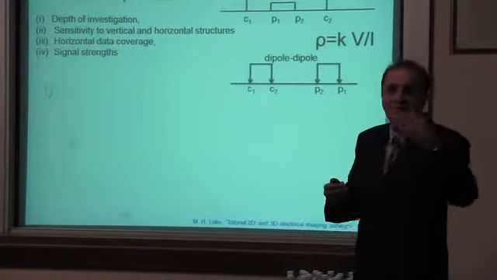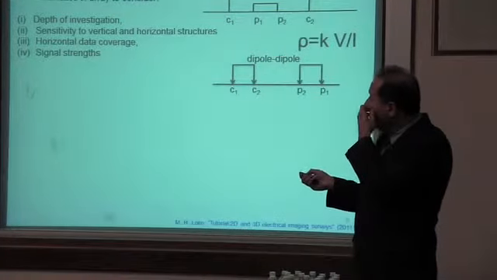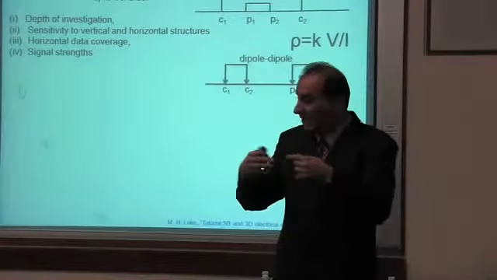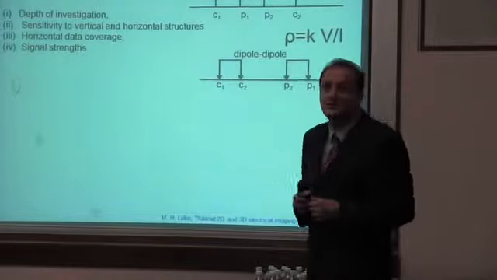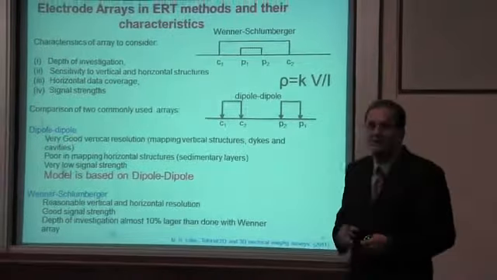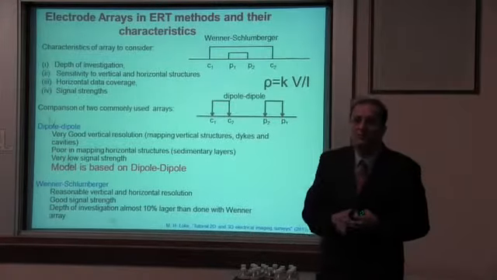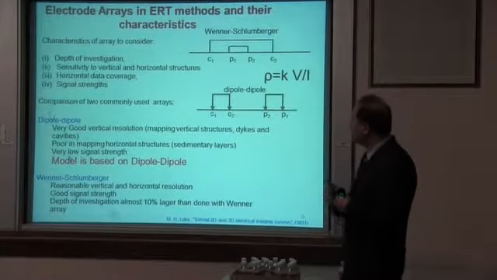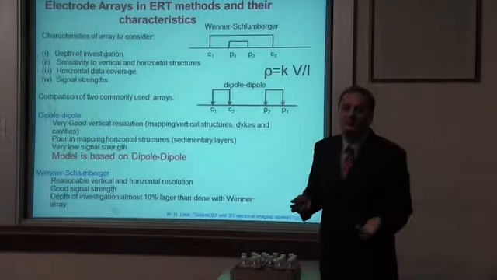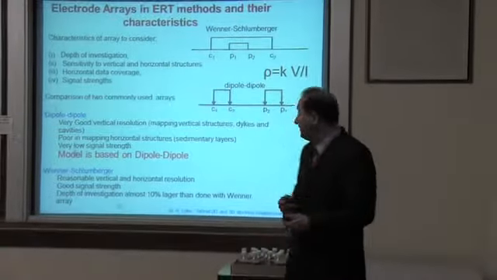Then the sensitivity to vertical as well as horizontal features at the subsurface, the data coverage on the surface, and also the signal strength. So here I have a comparison of these 2 commonly used arrays, Wenner-Schlumberger and dipole-dipole. Just to emphasize, the model that I have is based on dipole-dipole because it is fast and can be done faster in the field.